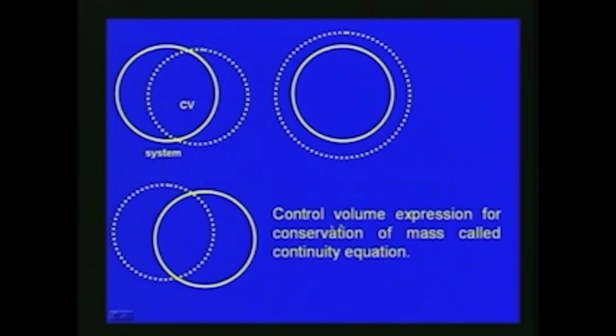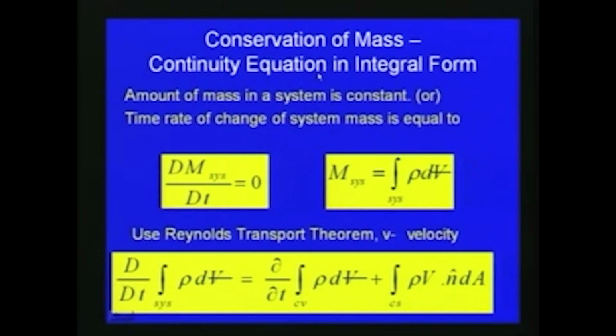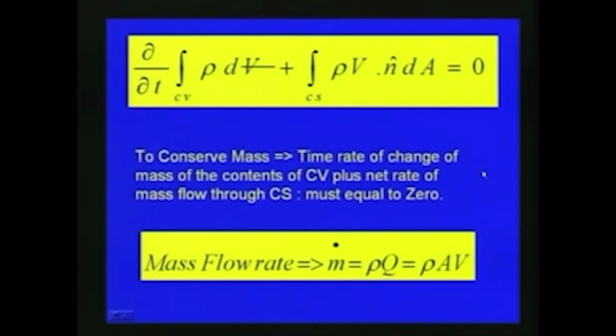The control volume expression for the conservation of mass is called the continuity equation. From the Reynolds transport theorem, since according to the conservation of mass dm by dt is equal to 0, we can write del by del t of the integral over the control volume rho dV plus the integral over the control surface rho V n hat dA is equal to 0.